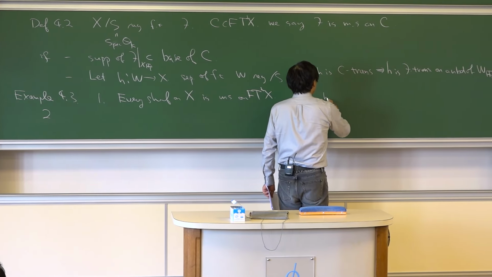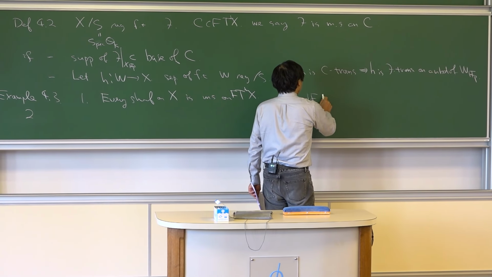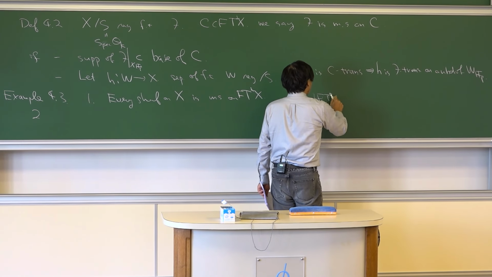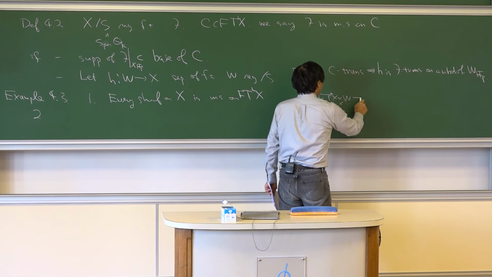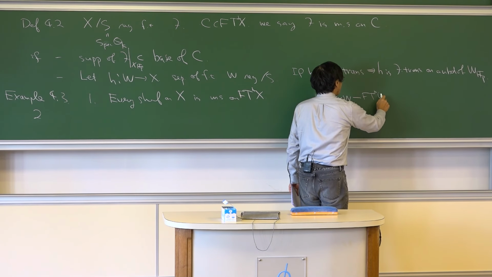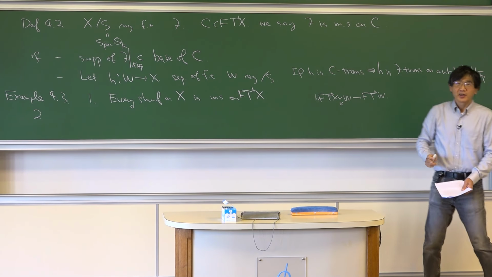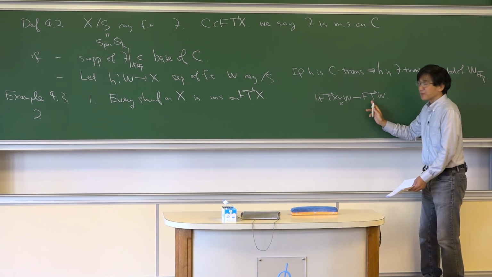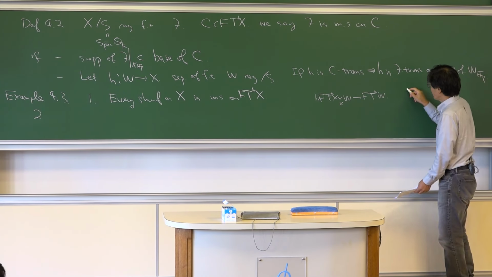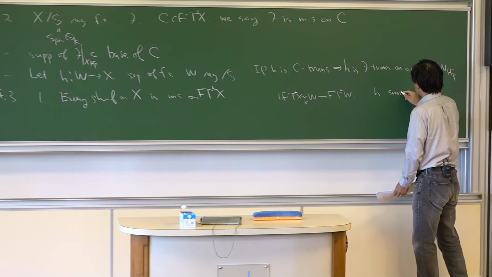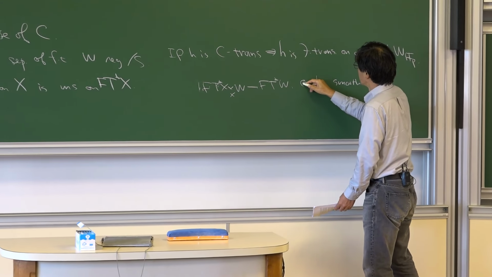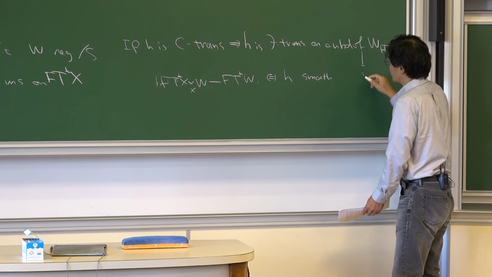So the injectivity of this map is equivalent to h being smooth on the neighborhood of the closed fiber.